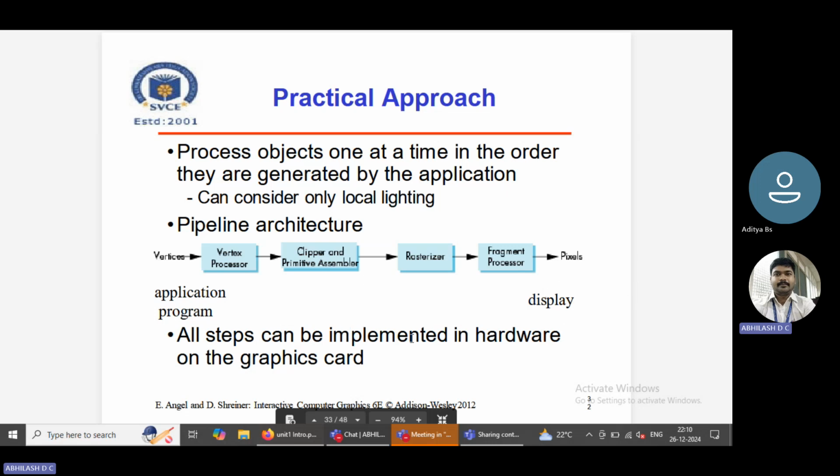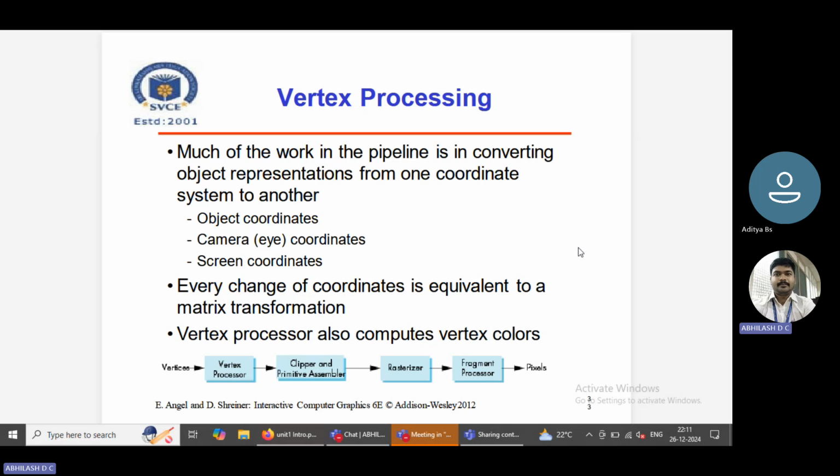All steps can be completed in hardware on the graphics card. So the graphics card does these many things. What are the things which it does? Vertex processing, clipping and primitive assembly, rasterization, and fragment processing. Right? Initially, the input is the vertices, and the output is the pixels. I hope you understood.